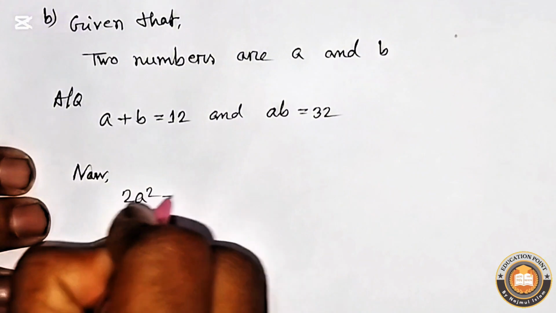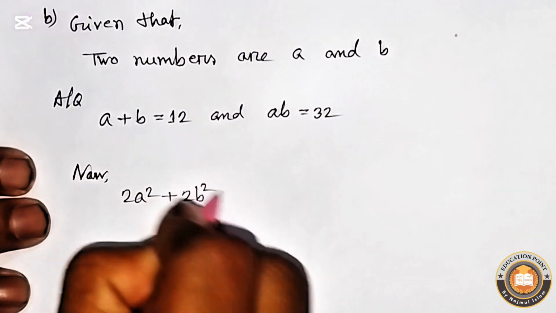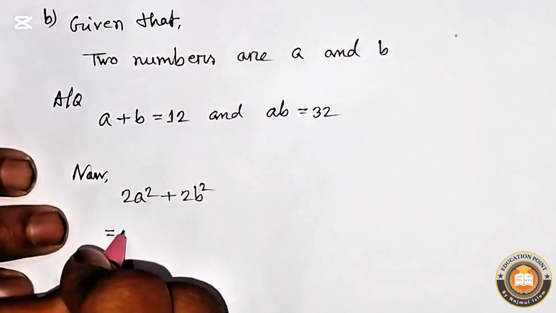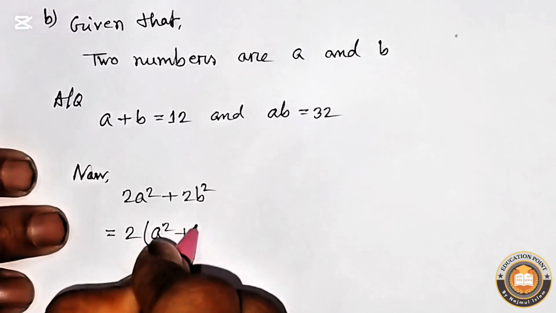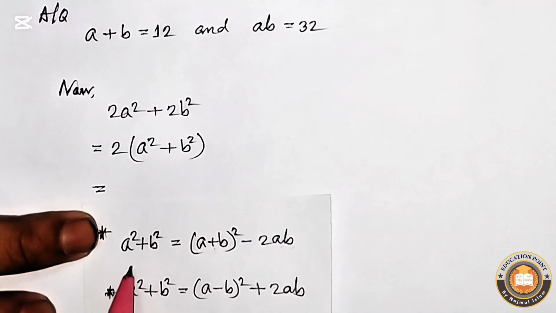Now 2a square plus 2b square. Here 2 is the common value. After taking the common value, we can write 2(a square plus b square). Here we will apply the formula a square plus b square equals (a + b) whole square minus 2ab.